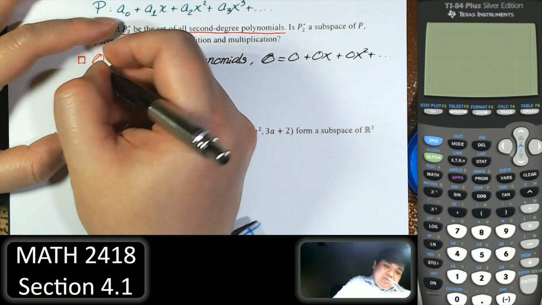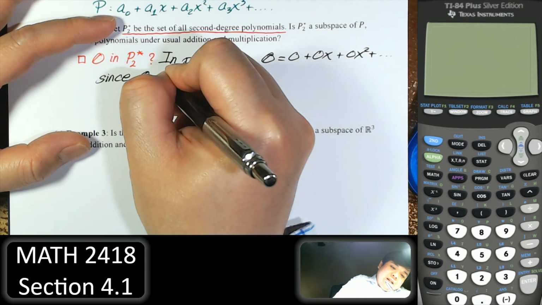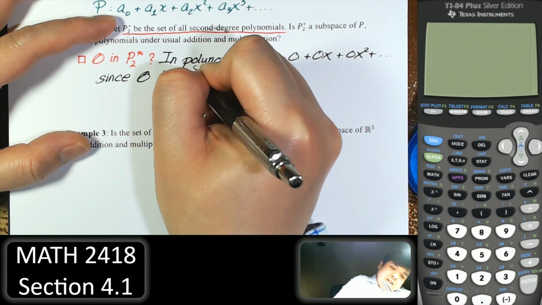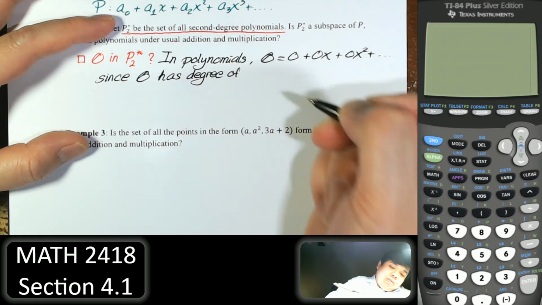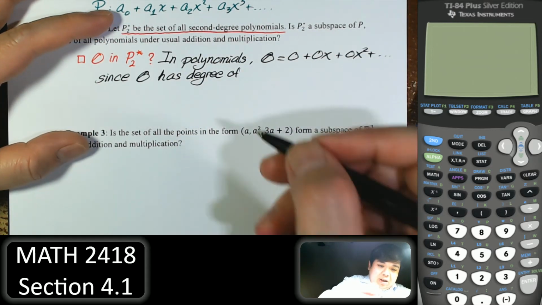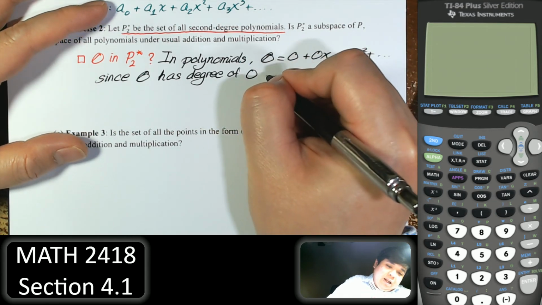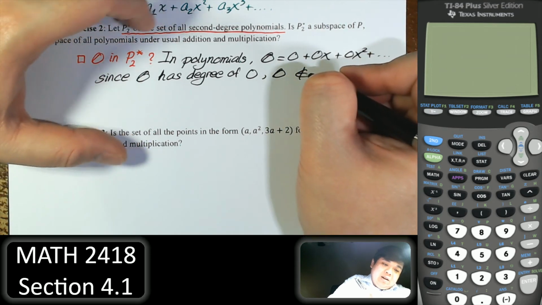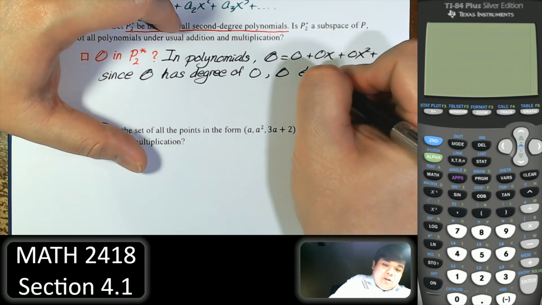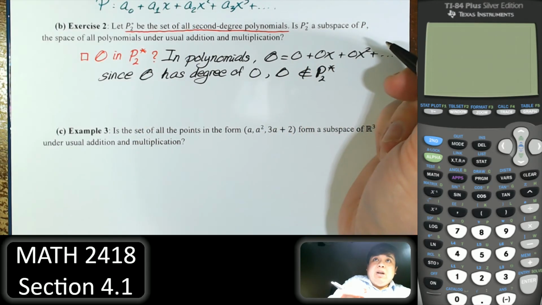So since 0 has degree of 0, it is not in the set of second degree polynomials.